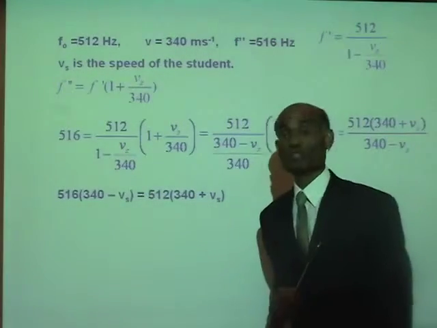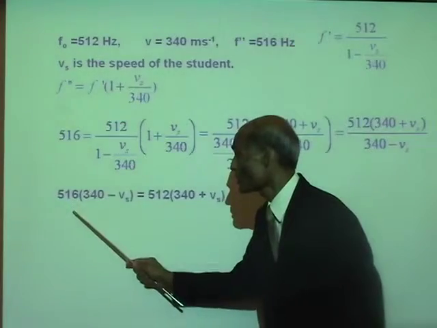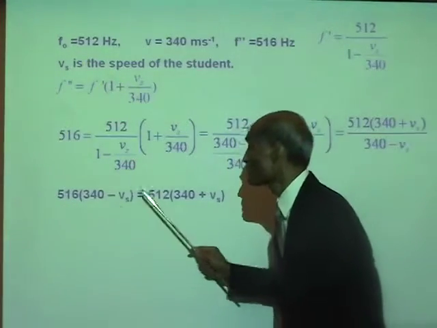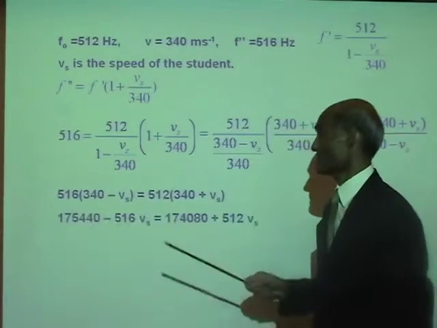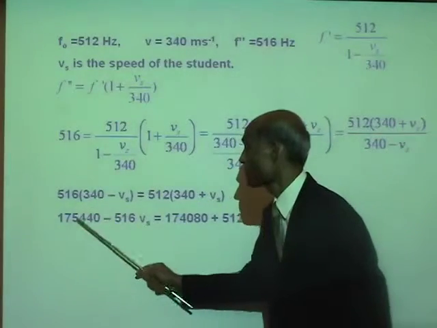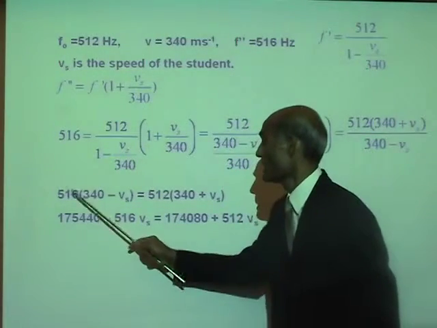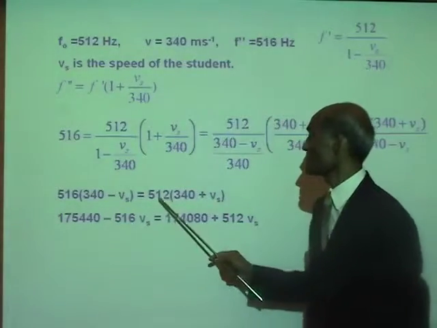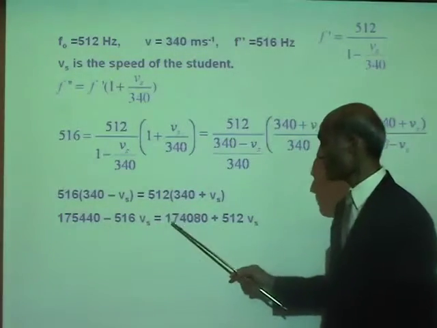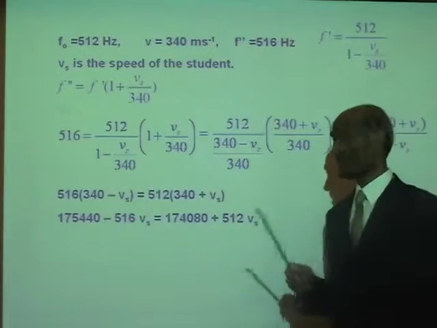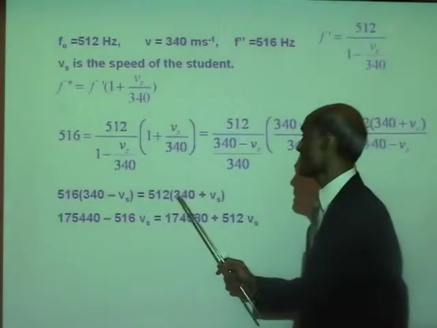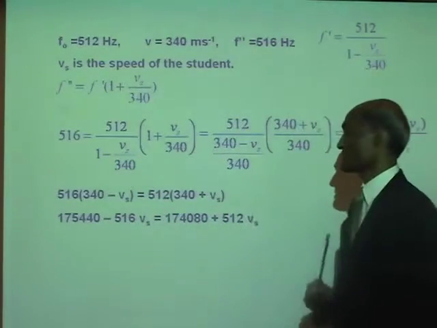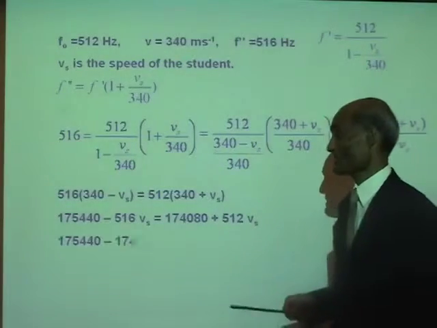And now this is simple, because all you need to do is distribute on both sides. 516 times 340 is this big number, minus 516 times Vs equal to 512 times 340 is this big number, plus 512 times Vs. And now you know how to solve it.